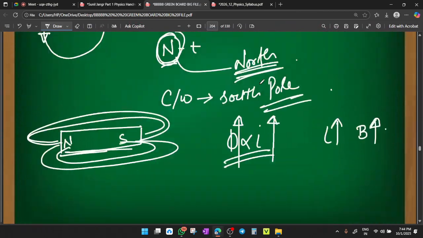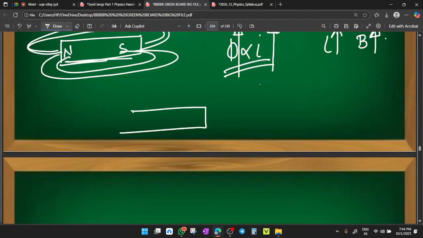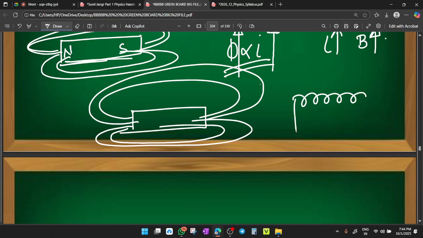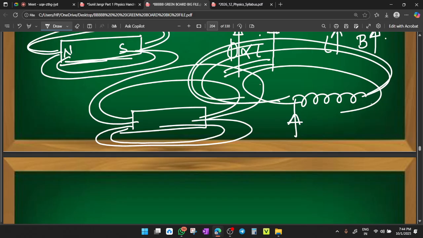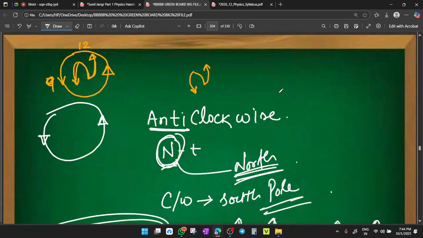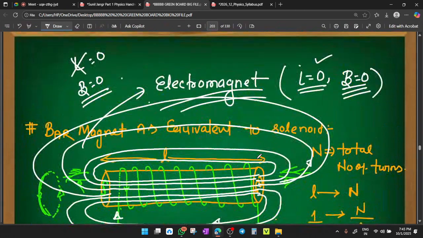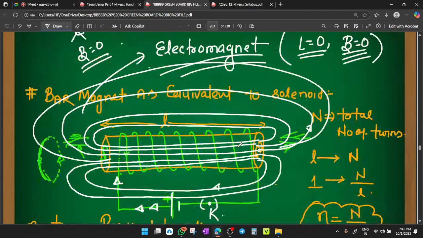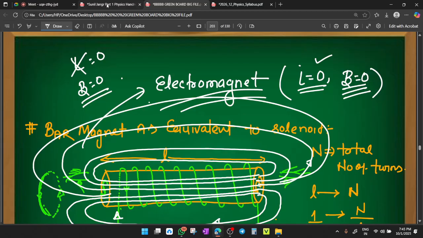In a bar magnet, you cannot increase or decrease its intensity at a certain point because it is a fixed amount of magnetism. Yes or no? But in an electromagnet, by increasing the current, you will have a stronger magnetism surrounding it. Clear? So this is the advantage of this solenoid or coil over a fixed magnet. Okay, you can increase its magnetism, you can decrease its magnetism as per your need.